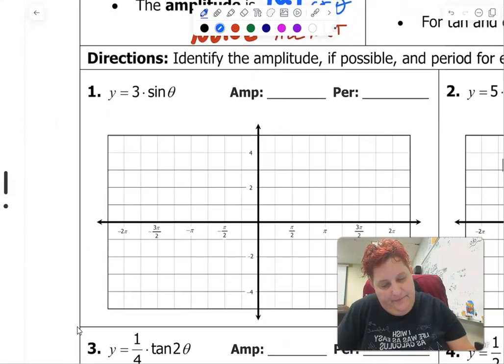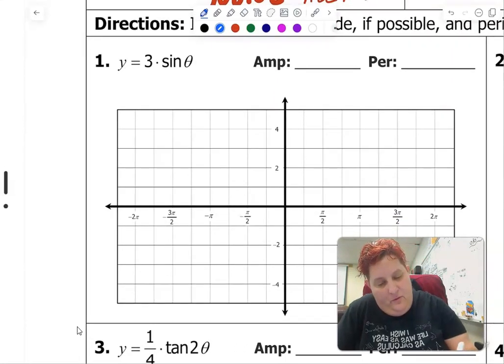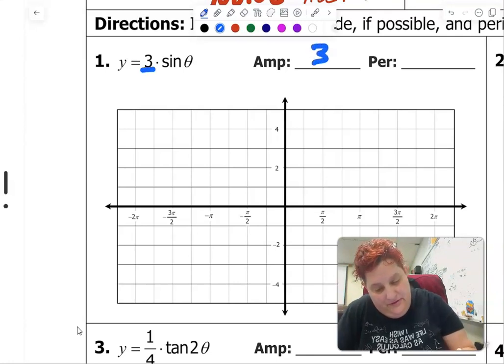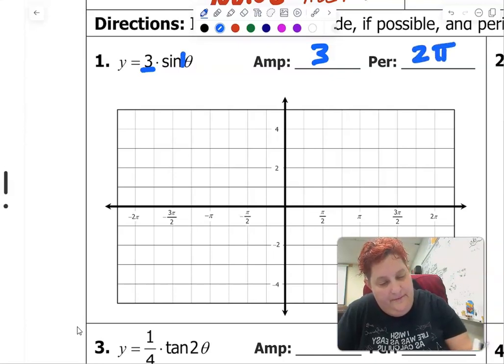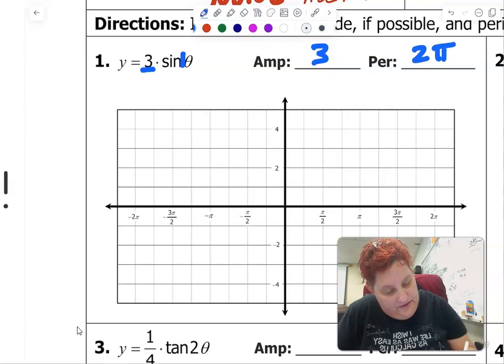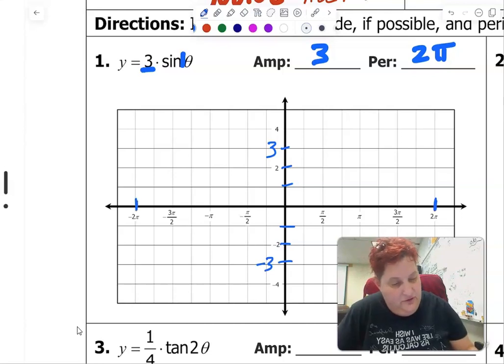So here we go. For number 1, the amplitude is 3. The period is, this is a 1 right here, so it's 2 pi over 1, so it's just 2 pi. Now what that means is I'm going to mark my y-axis with a 3 and a -3, and I'm going to mark my x-axis with a 2 pi and a -2 pi.